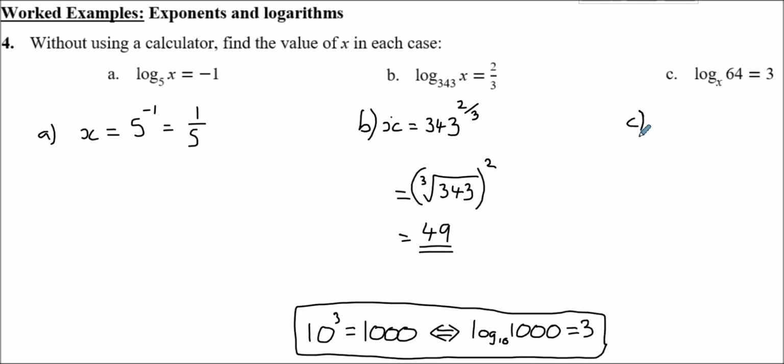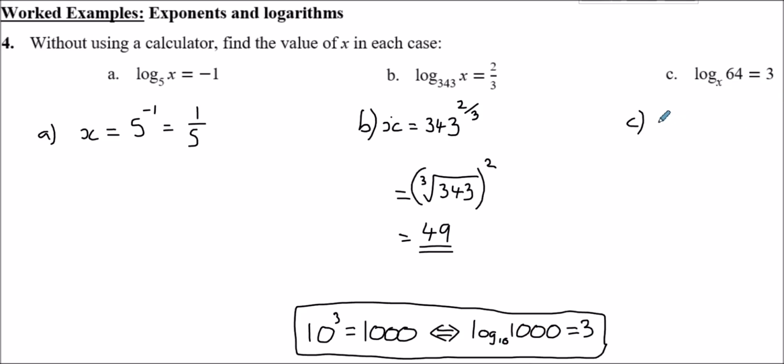And for part C, again we can use this idea here to see how these relate. And so how can we get 10 from 1,000? Well, hopefully you can see here that 10 is 1,000 to the third root. The cube root of 1,000 gives us 10.